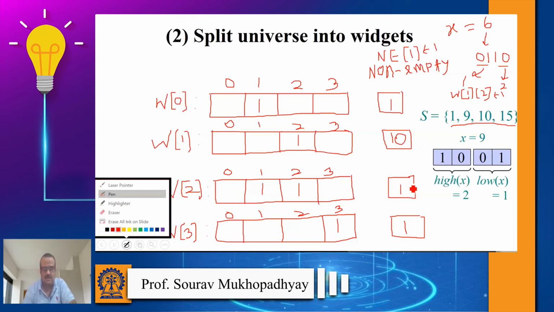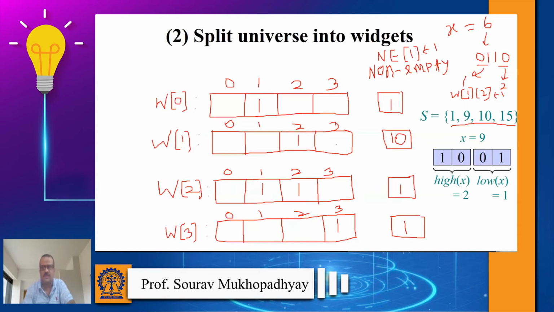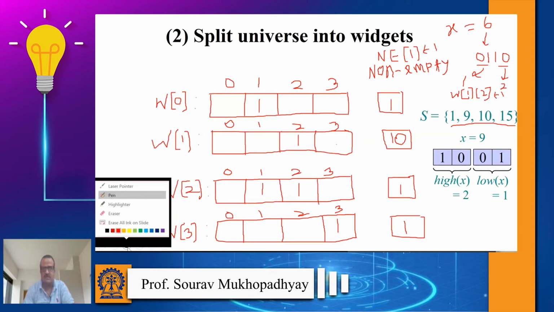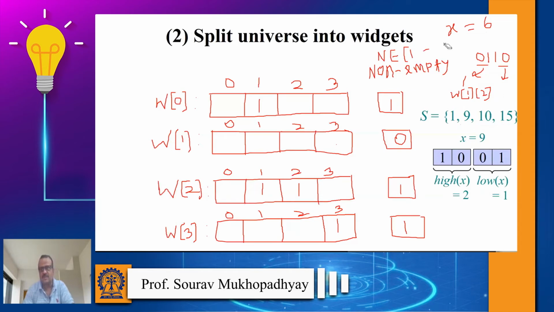If we store the count, we are storing some integer here, whereas here we are only storing 0 and 1. Storing 0 and 1 will save us more time than storing integers. Anyway, we'll do that.